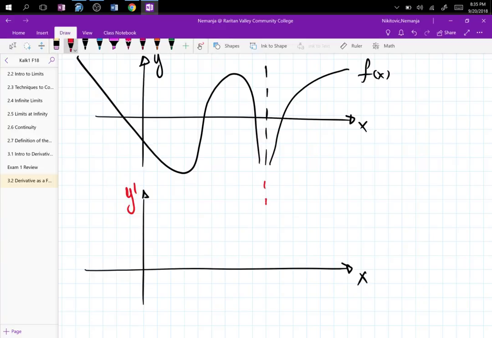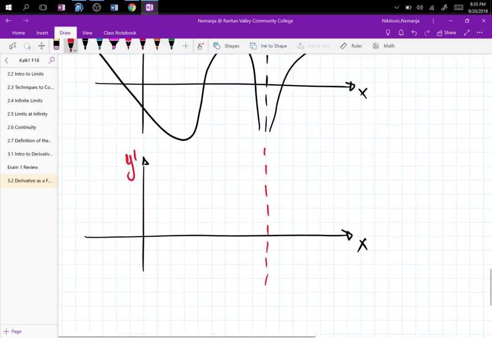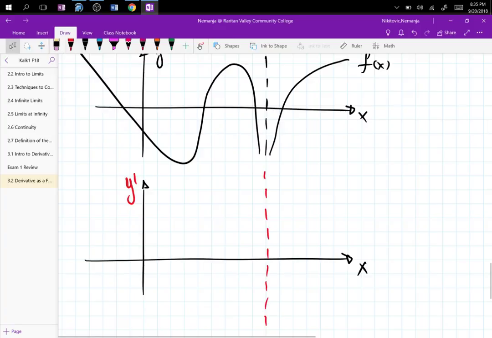So this vertical asymptote now, I'm just going to draw this red because it stays in the same spot. Then we said, anytime you have a min or a max, you are going to get a horizontal tangency, which means tangent line has slope 0. Well, that's when the derivative is 0. So that means that this is going to cut our x-axis at these locations. So anytime you have a min or a max, that's where the derivative goes through 0.